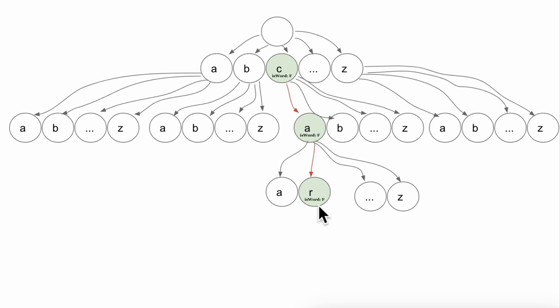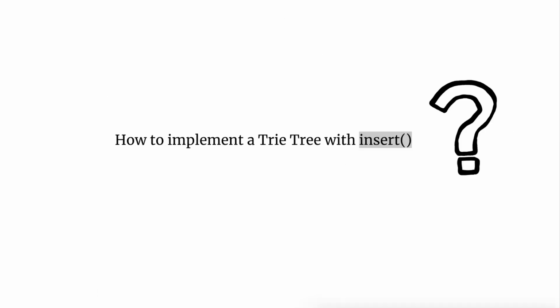This node includes the character R, which currently has a default isWord value of false. If I backtrack this path and ask, hey, is CAR a word? The answer is yes. Then I need to change the isWord flag from its default false value to true. All right.